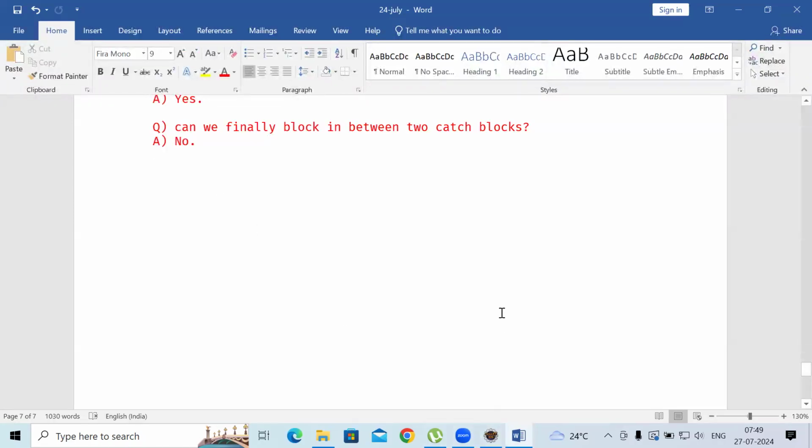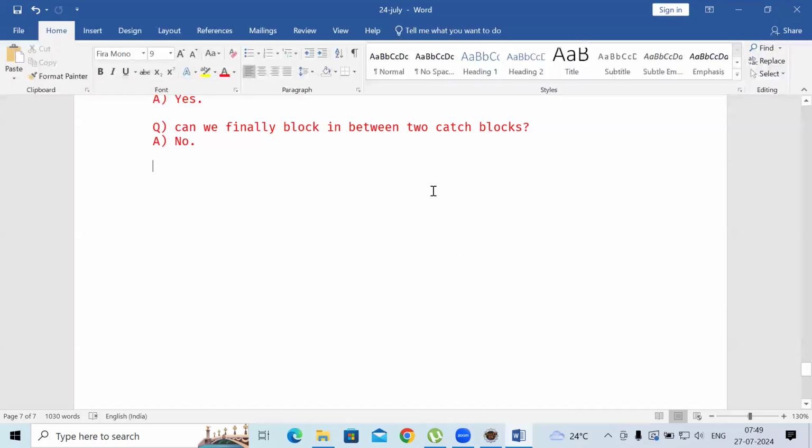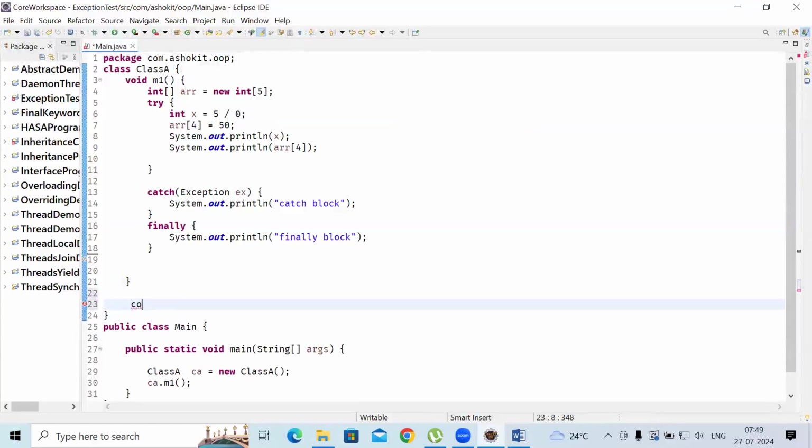Now I will continue further. Sir, I have one question. Can we write only a finally block? No. We can't write only a finally block. For example, let's say there is a method, void M2.